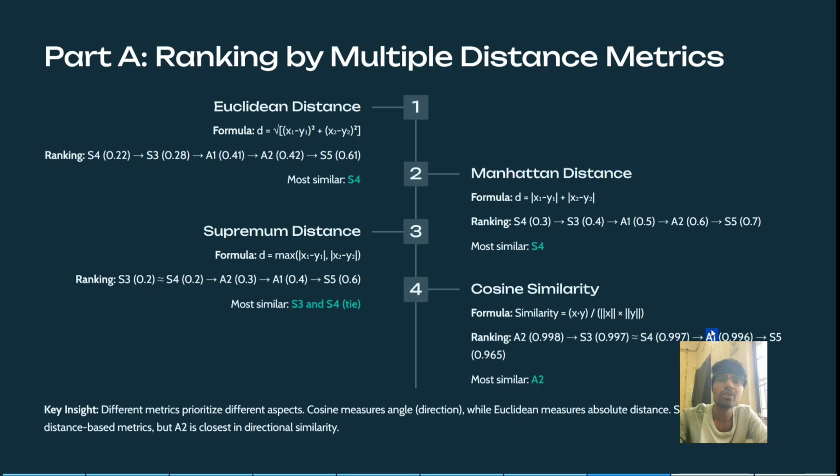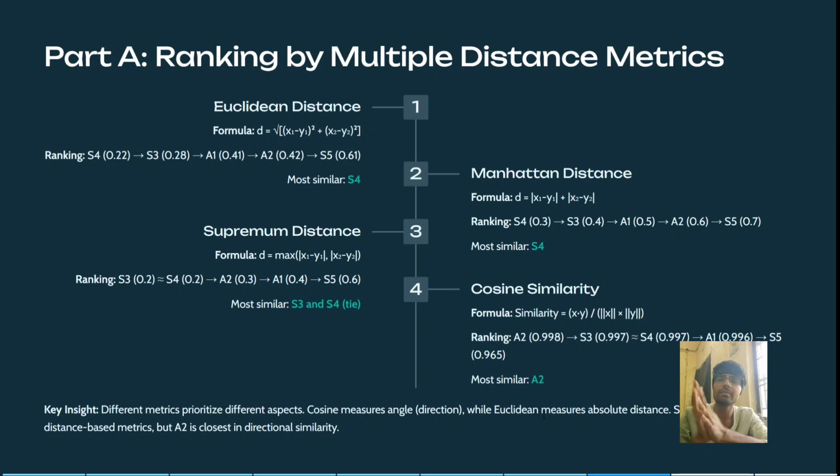I will spare you all the detailed calculation, but after computing all the students, S2 has the highest cosine similarity at 0.998, most similar. S3 and S4 both have 0.997 and S1 has 0.996. S5 has the lowest at 0.965.